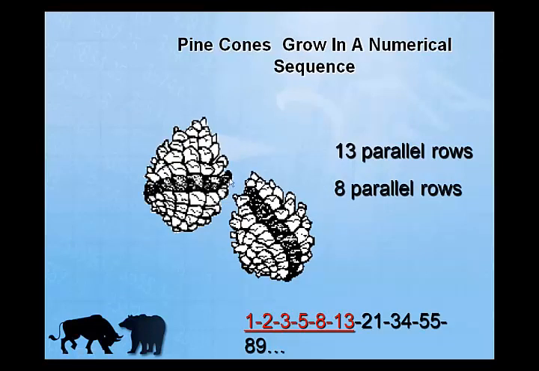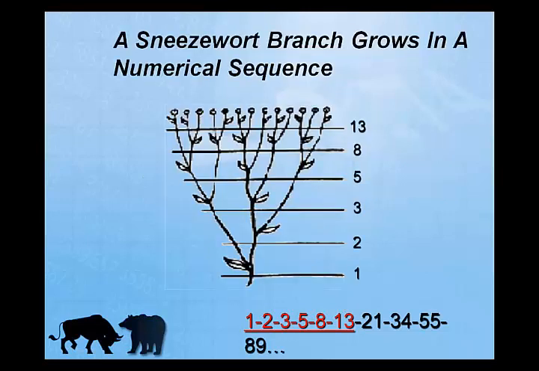There are 13 parallel rows by 8 parallel rows, which 8 and 13 are also in the numerical sequence. A branch also grows this way. Look, 1 branch, then it goes into 2 branches, then 3 branches, then 5 branches, and they grow in a numerical sequence.